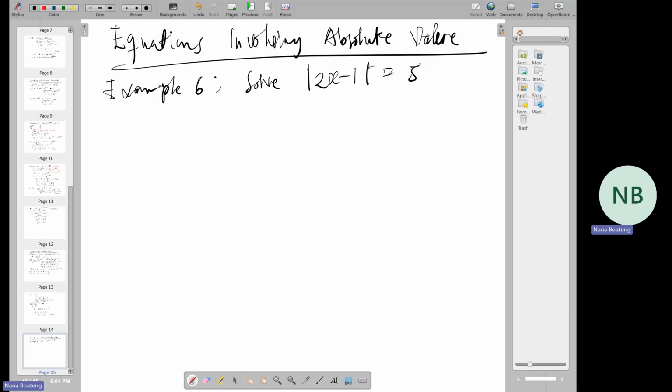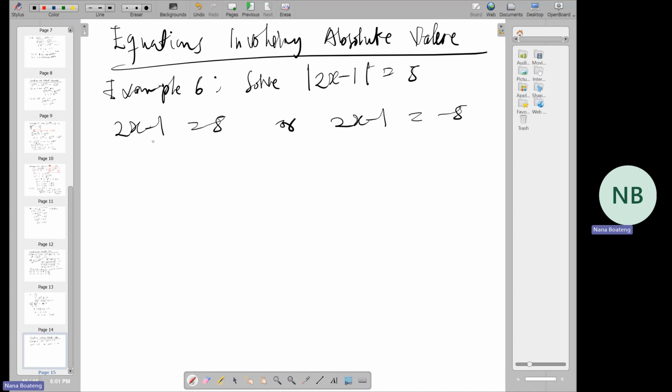All right, so in this case, we would have 2x minus 1 is equal to 5, or 2x minus 1 is equal to negative 5.